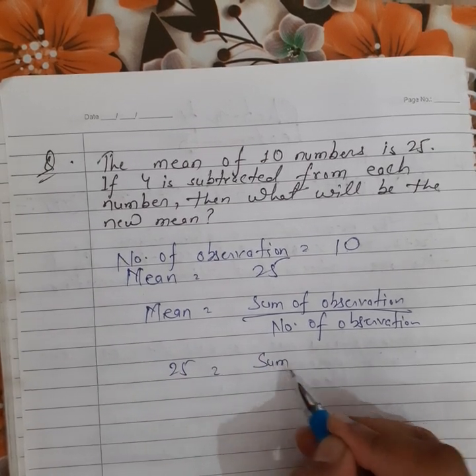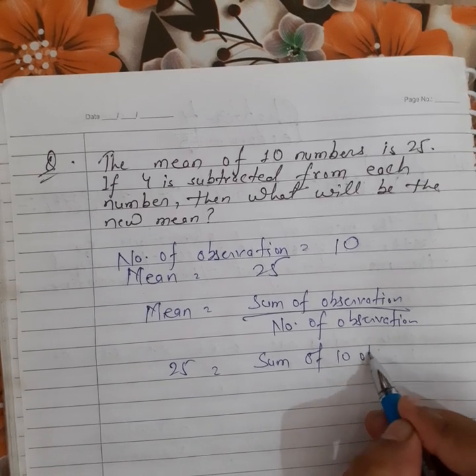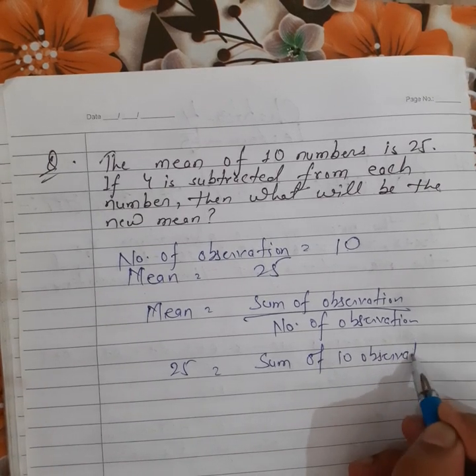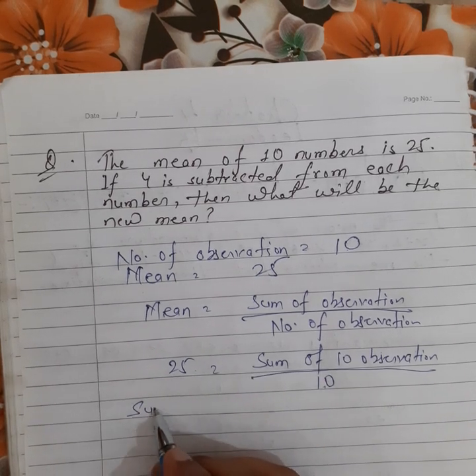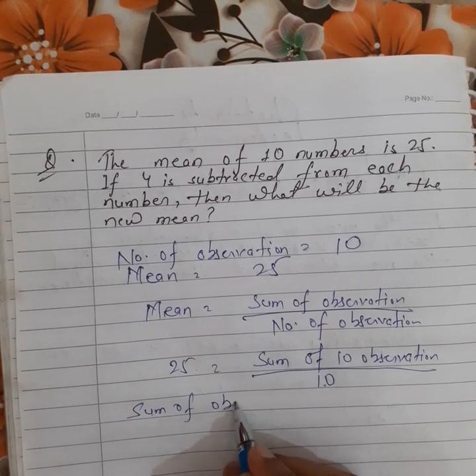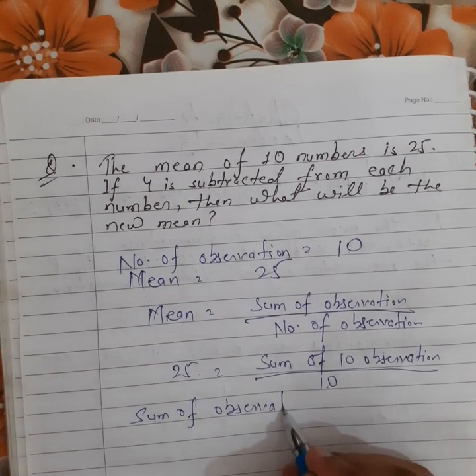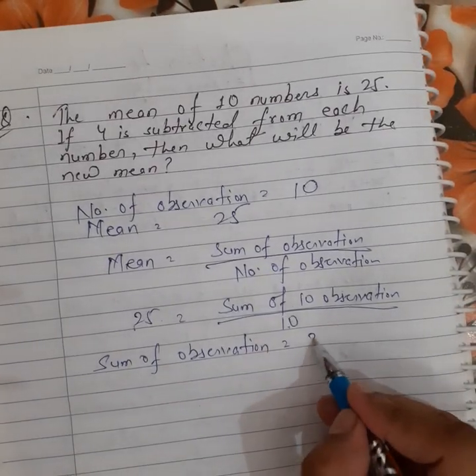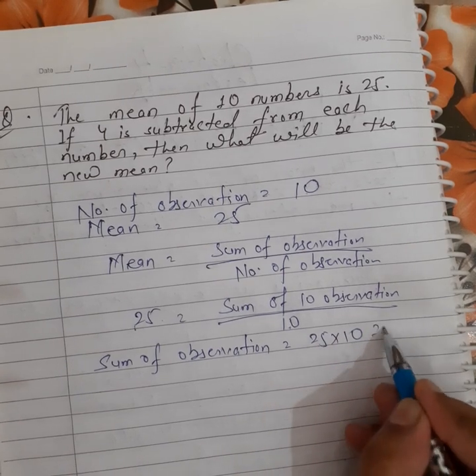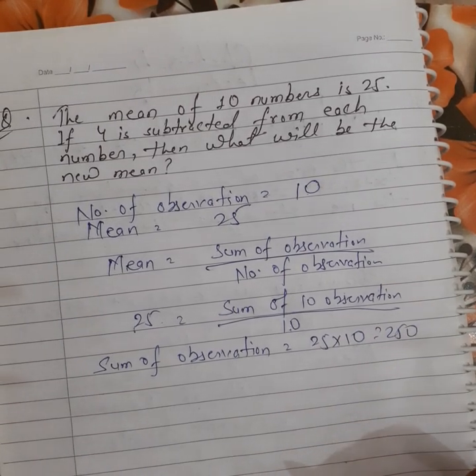Here number of observations is 10, so we write sum of 10 observations by 10. We get sum of observations is equal to 25 into 10, that is 250.